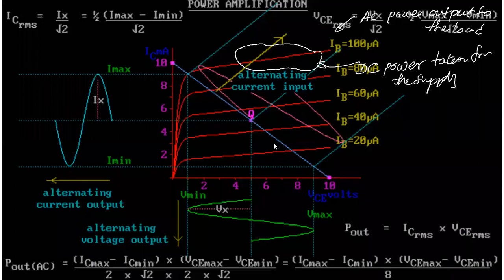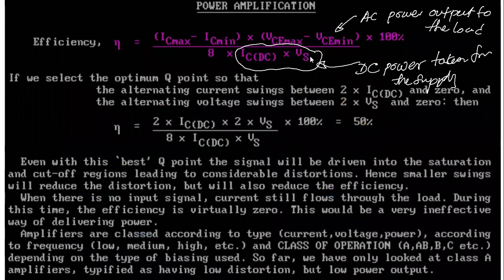Okay, so Vs is the supply voltage. If you refer to the circuit diagram, you have a supply voltage. That supply voltage represents the Vs.